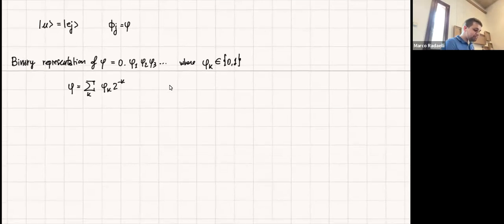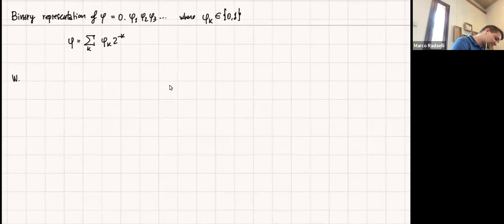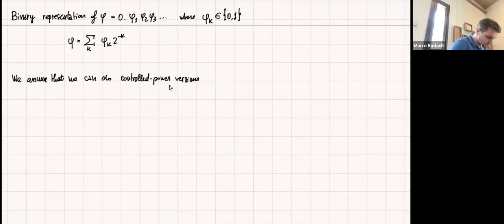We need to assume something: that we can do controlled power versions of U. What does it mean? U again is like a black box in this case. In the Grover case, it will be just the oracle or the rotation matrix.